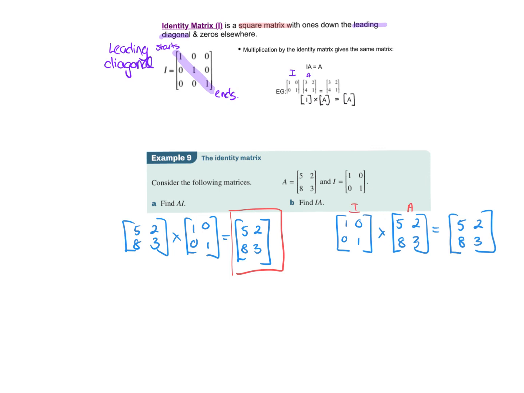If I asked you to create a 3x3 identity matrix, you will have 1, 1, 1, and then your zeros elsewhere. So that would be a 3x3 identity matrix. If they ask you to create one, that's what you're going to do.